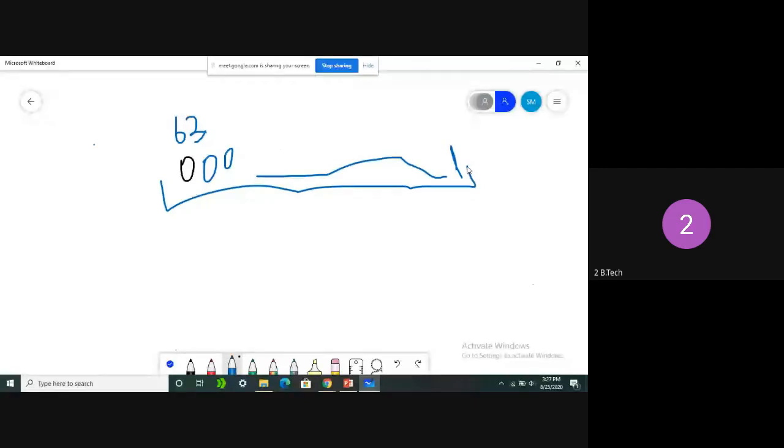Just like ASCII values: what is the ASCII representation of A? Sorry, 65 is the representation of A in ASCII codes. American Standard Code, you all know, right? Yes, sir. Okay. So in ASCII code, 65 is for capital A. So how will our processor read it?